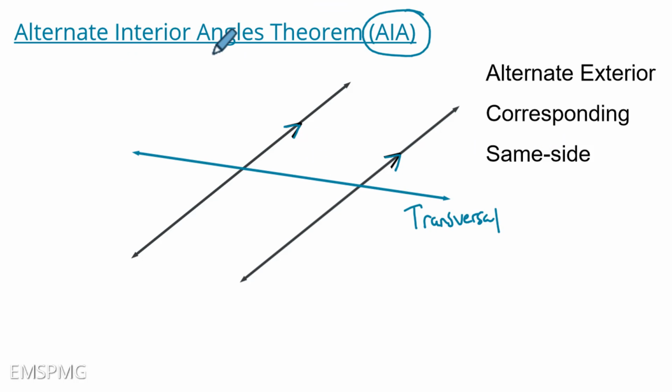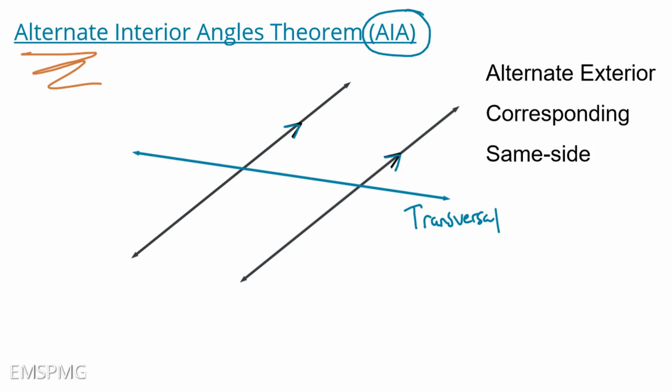So what are alternate interior angles? If you have two parallel lines, the angles that are inside, interior, and alternating, so they're alternating across the transversal, these two angles are congruent. So if this was 30, then this would also be 30 as well.